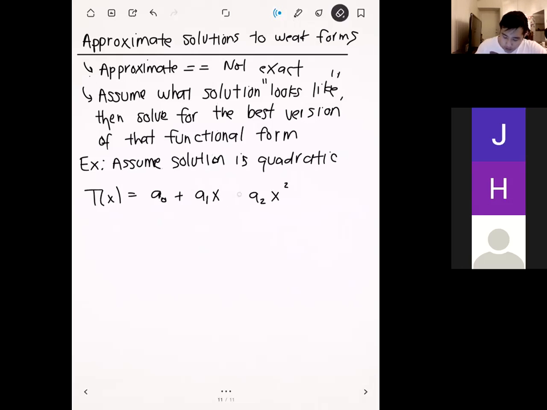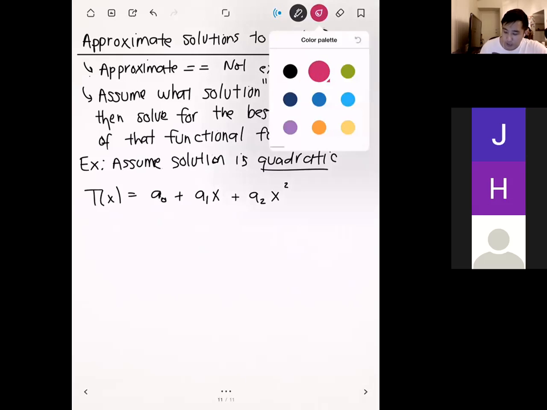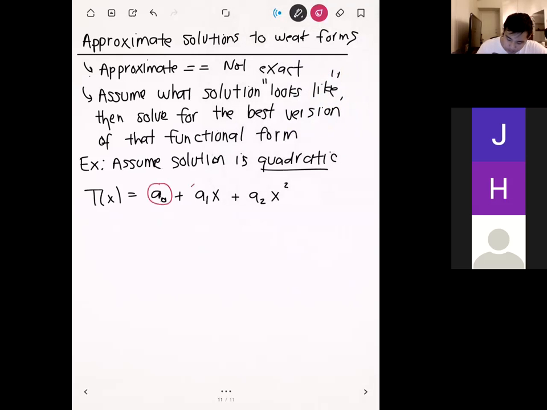The most general quadratic function that we can come up with is a naught, which is our constant term, and then we have our linear term, a1x, and then our second order polynomial term, which is a2x squared. The a's here are important. These a's right now are unknown coefficients.